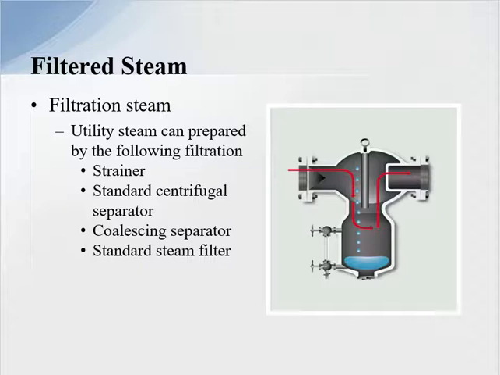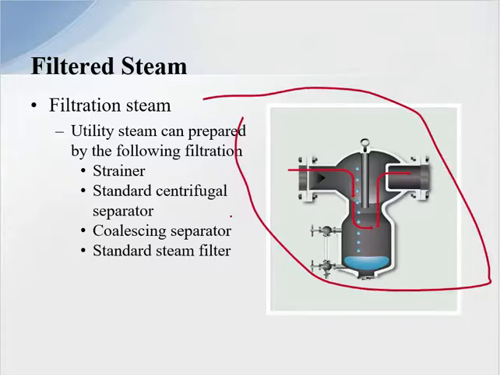Remember, this is a mechanical separator. Mechanical separators are flow dependent, so you have to be sure you're at the maximum flow through this to make the device perform. The previous device was a mechanical coalescing separator, which is not flow dependent. So you should know the difference between the two devices.